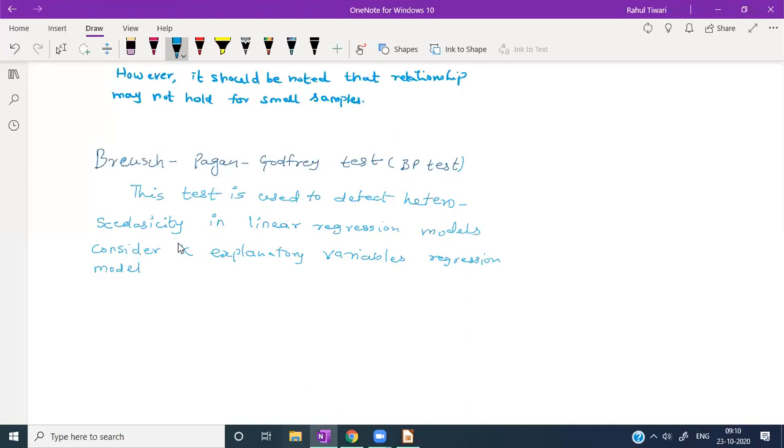So I will say yi is equal to beta naught plus beta 1 x1i plus beta 2 x2i and so on, plus beta k xki plus ei or ui, whatever error term we are assuming.